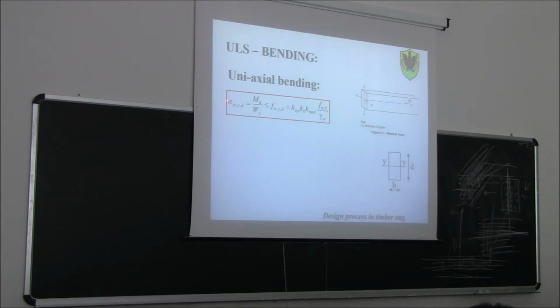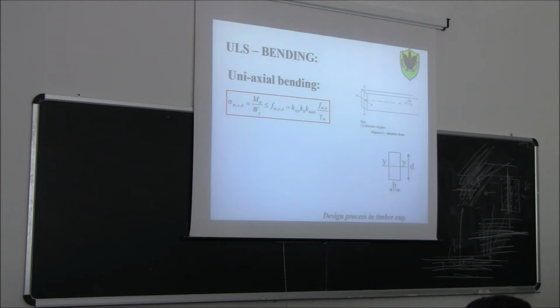So sigma m,y,d, this is the stress demand due to bending around the y-axis, is equal to the design bending moment due to the external action divided by the section modulus, always around the y-axis. And this shall be less than or equal to the design bending moment resistance.